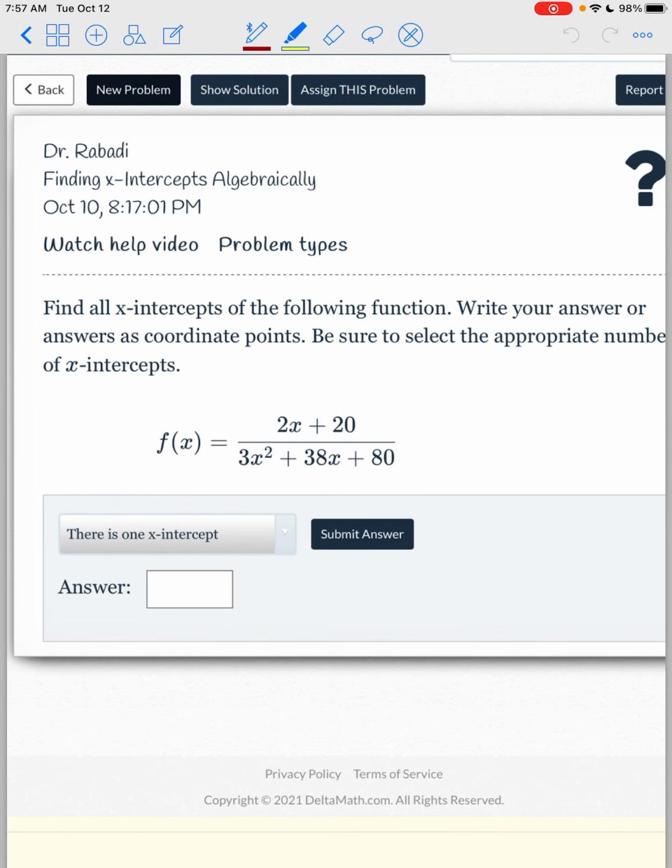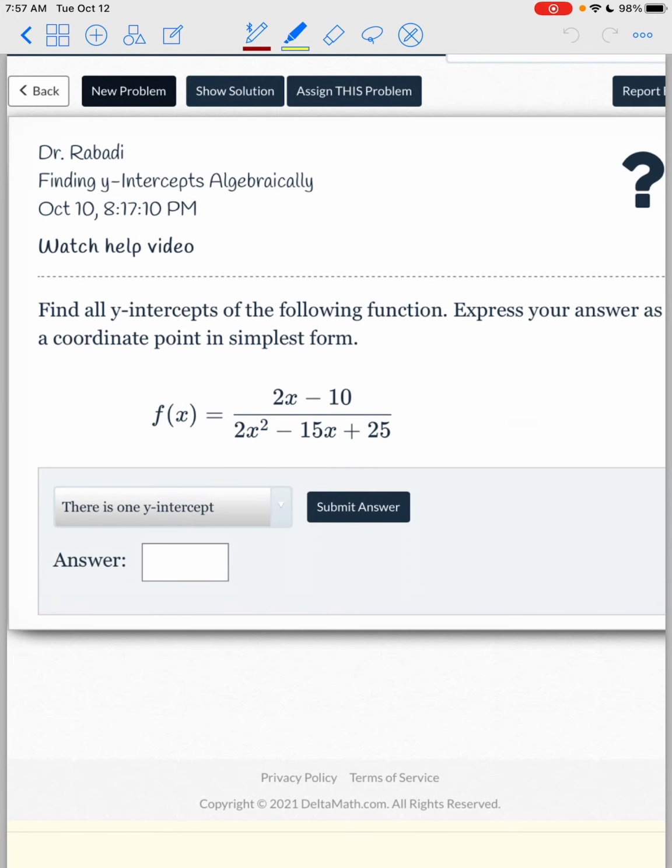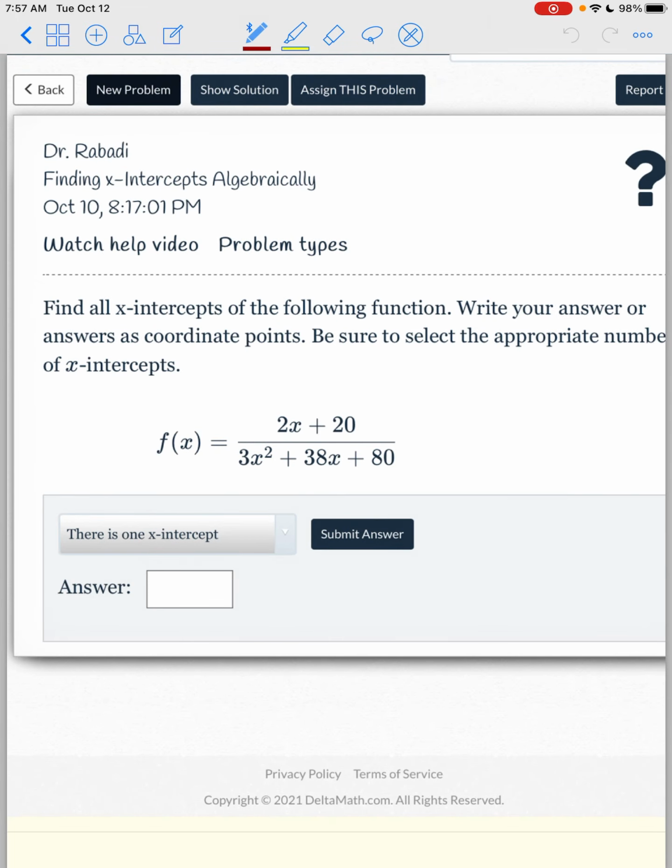Okay, let's try one more. What are the x-intercepts and what are the y-intercepts? Okay, the y-intercepts are the easiest. But let's do the x-intercept. First factor. Factor out a 3. What are you left with? Well, 3 can't go into 38. So we can't do that.